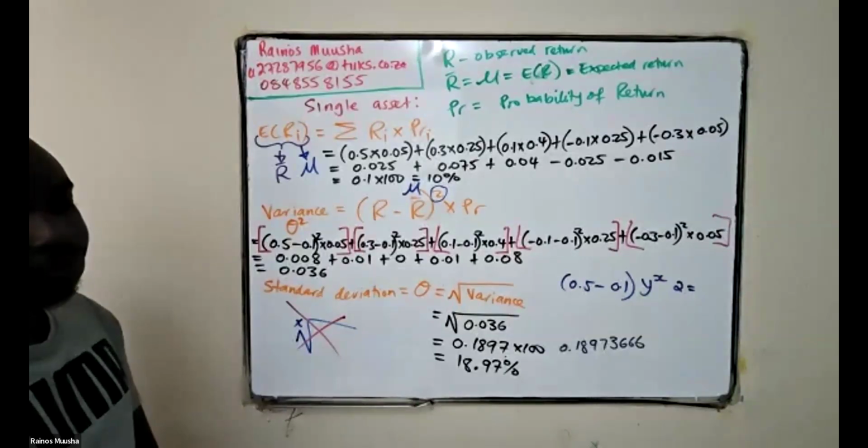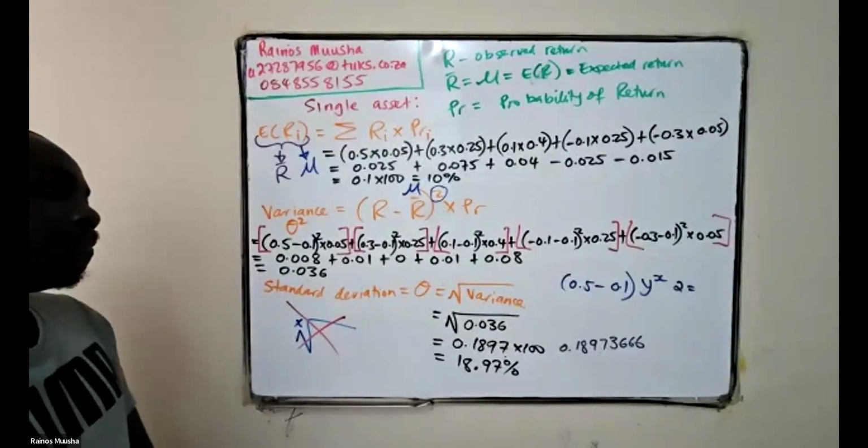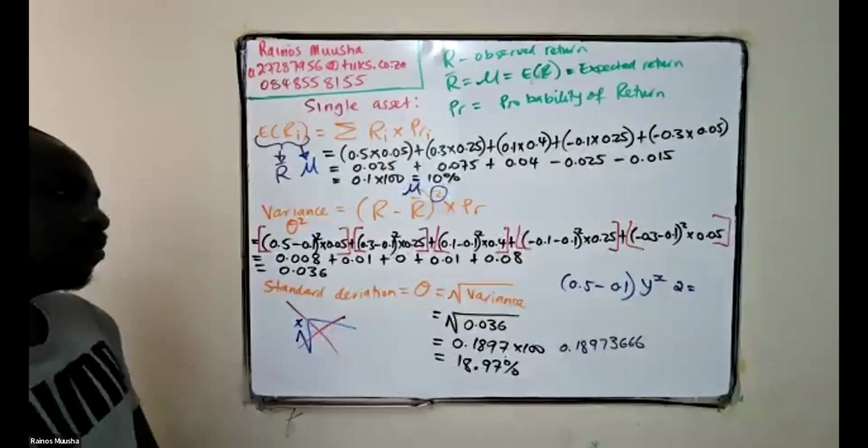Okay, here it is. So we have to put the square root first, then 0.036, equals. Then it gives me 0.06. I don't know if I put it right.